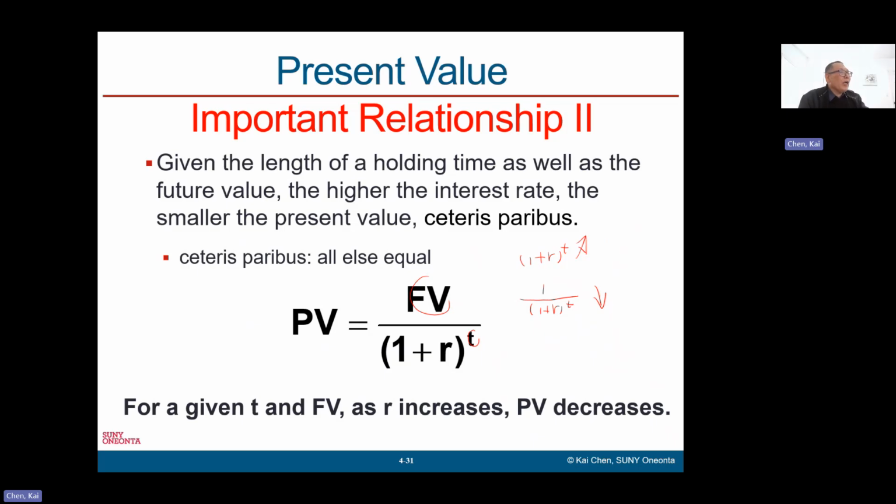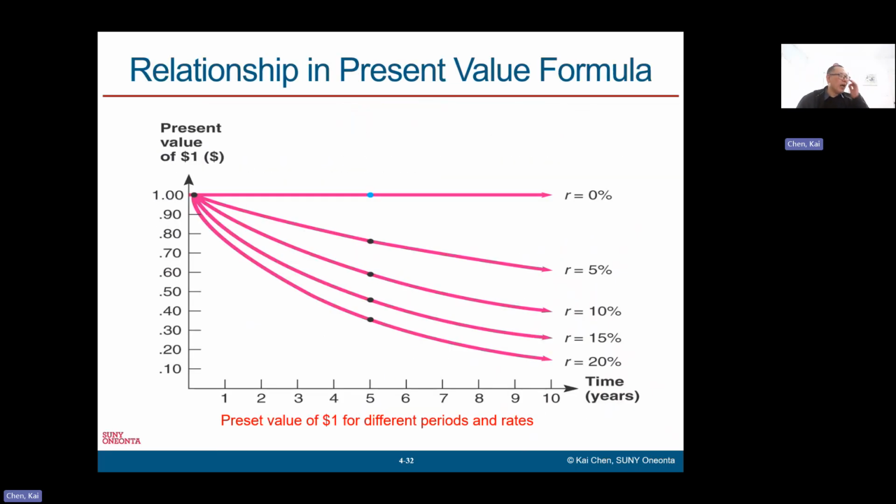And now we're going to look at a graph. With this graph, we're going to have a vivid understanding or impression about these two present value properties. Now we have a graph. On this graph, the horizontal axis shows the holding period, or the time horizon.